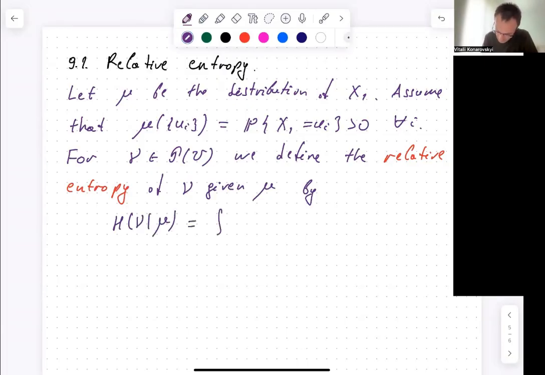It is the integral over U of logarithm of nu of the point u divided by mu of the point u.